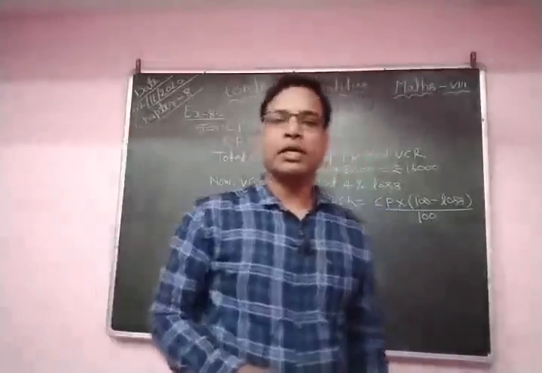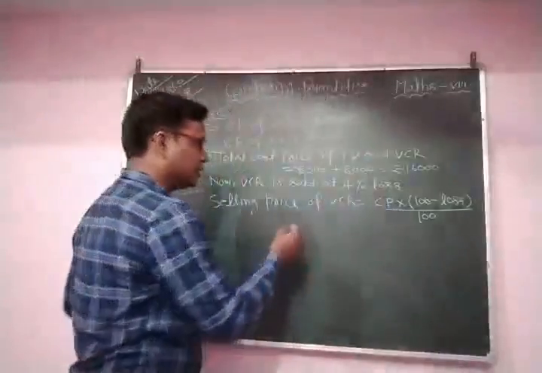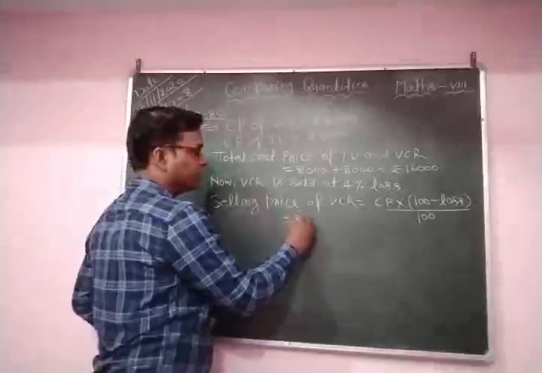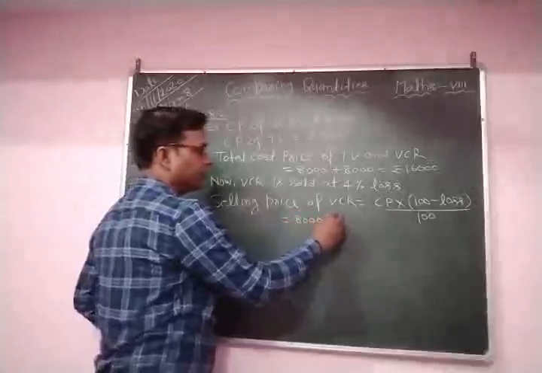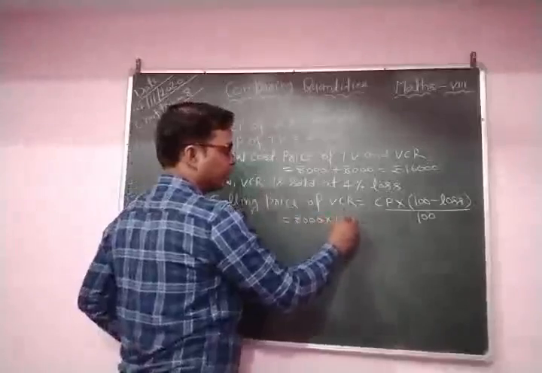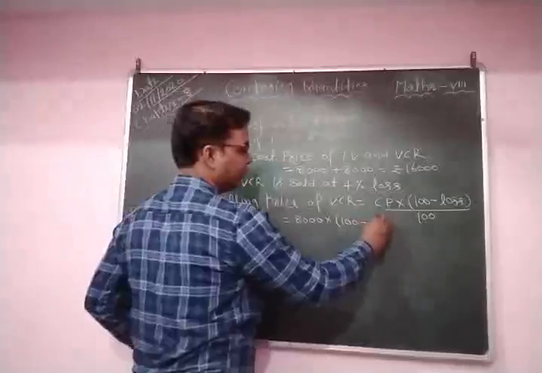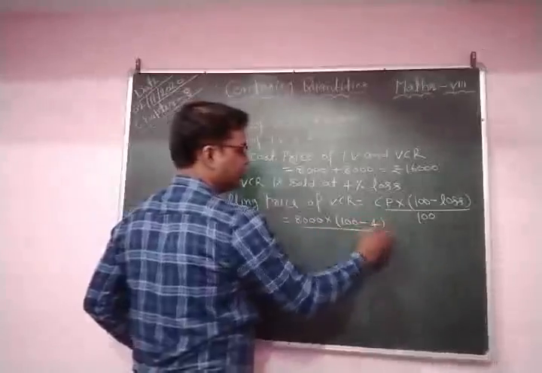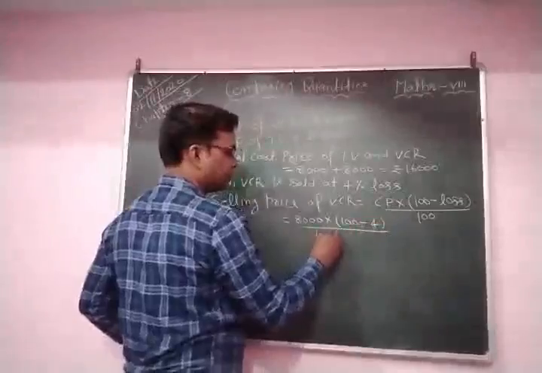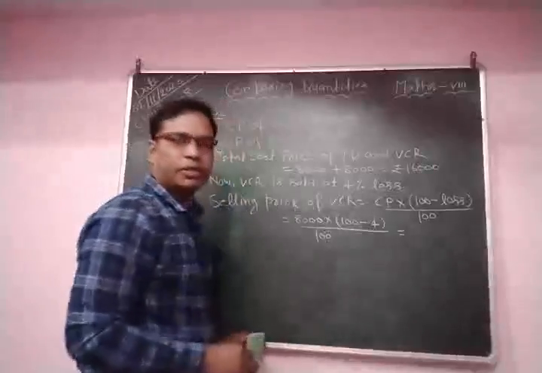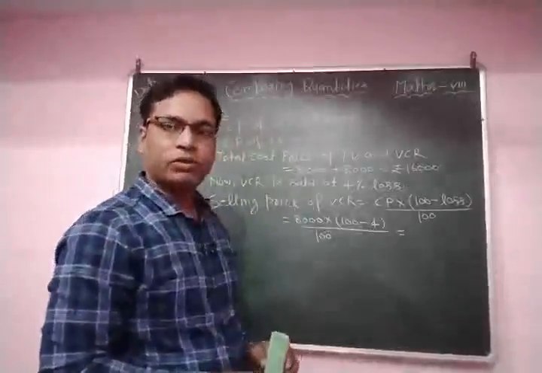Now here it is given, selling price is 8,000 into 100 minus loss, where loss is 4%, so we write 4 upon 100. Clear? Now if you subtract 4 from 100, you obtain 96.